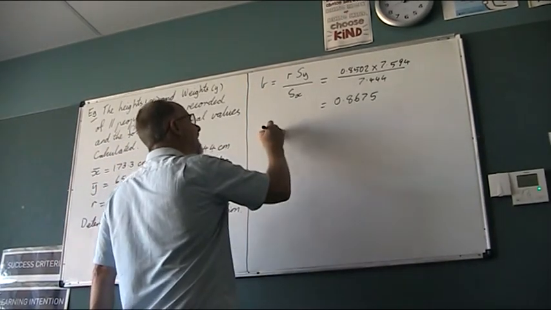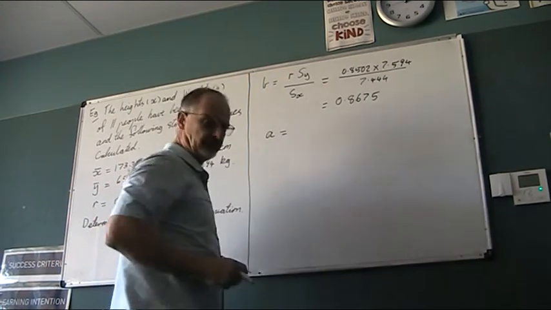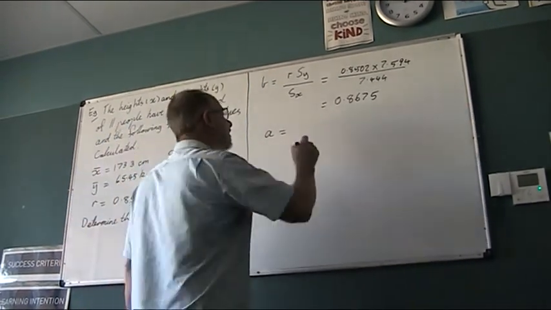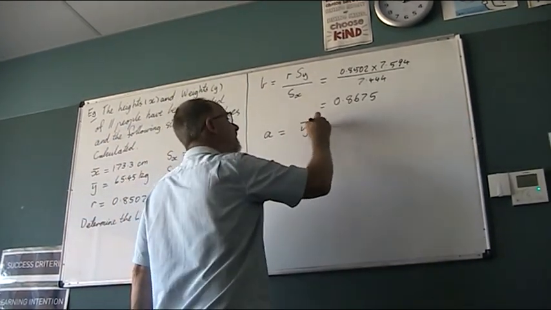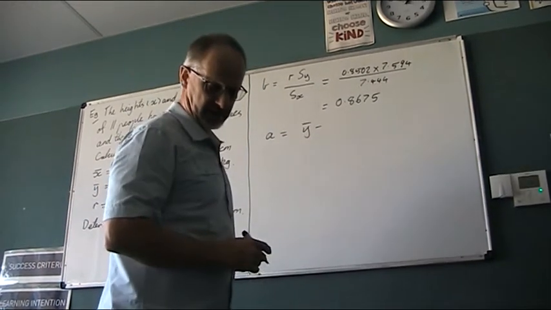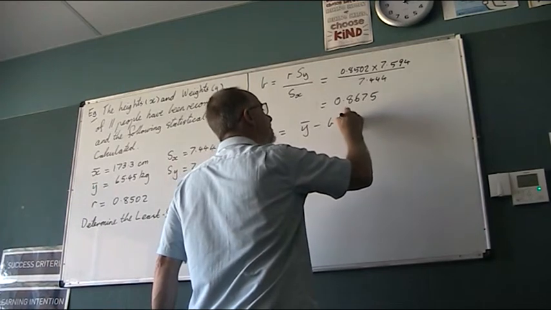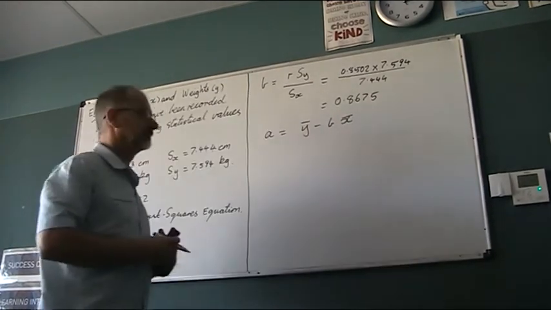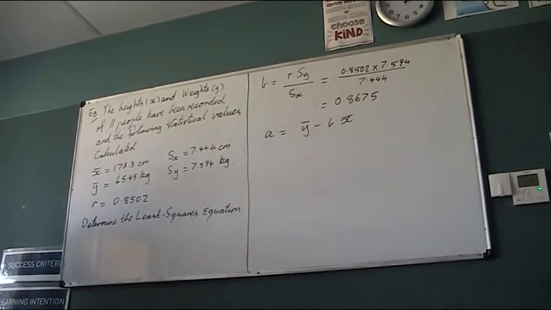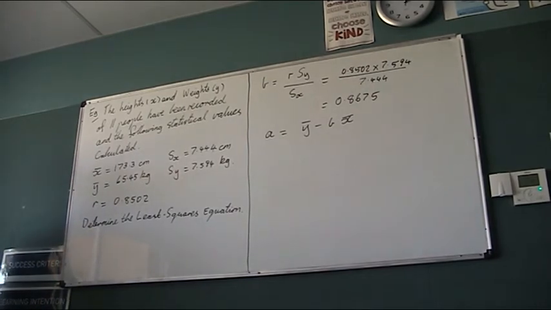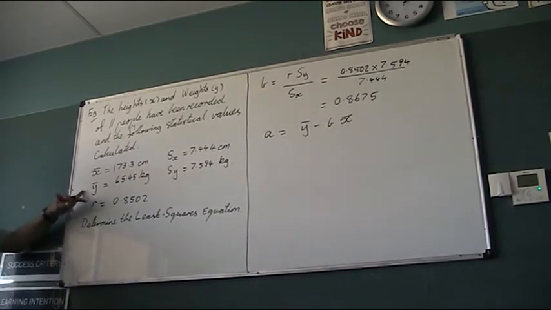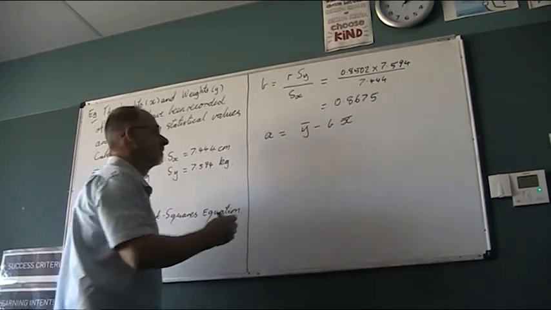So that's our B, which is our slope. To find our A, we need to use the mean of the y, and from that we need to take away B lots of the mean of x. So the mean of y is 65.45.